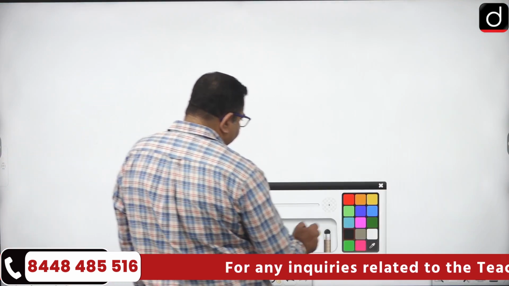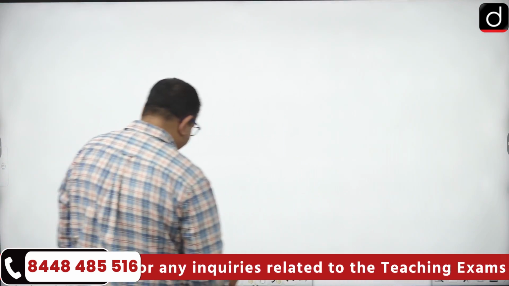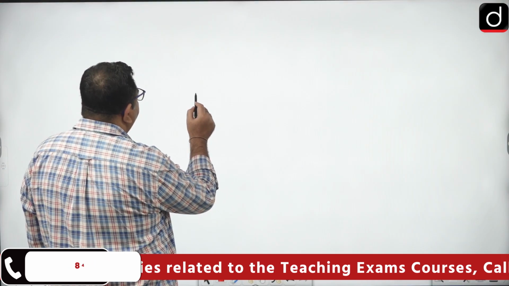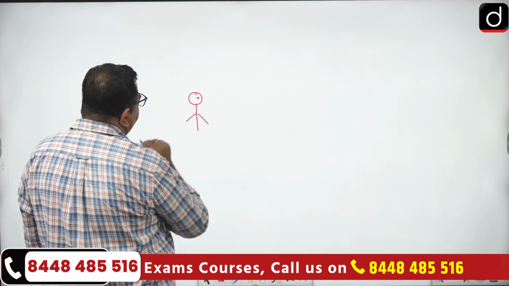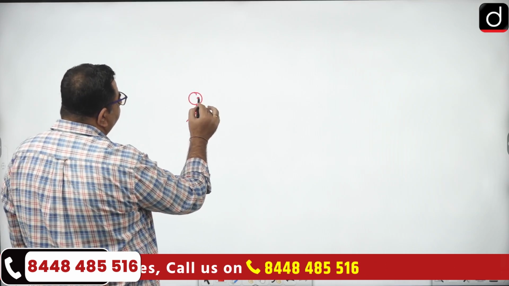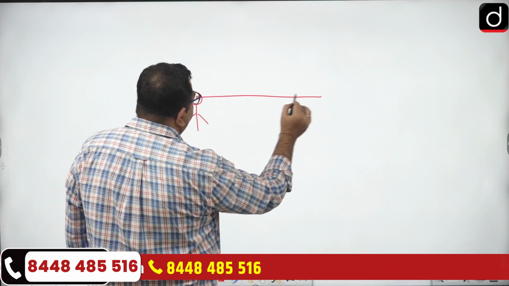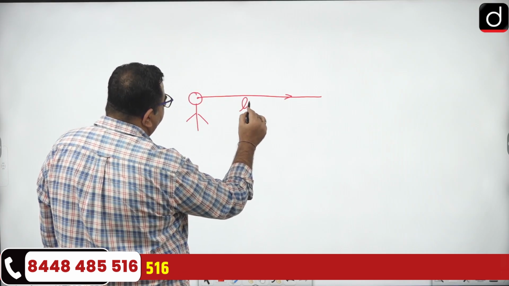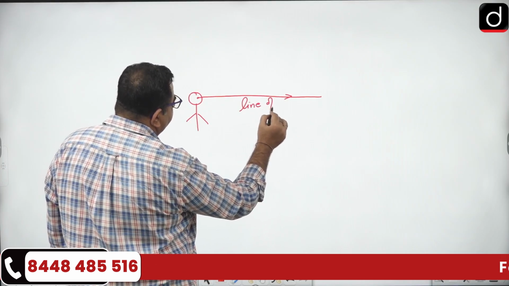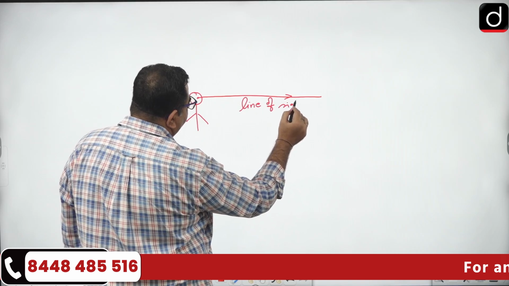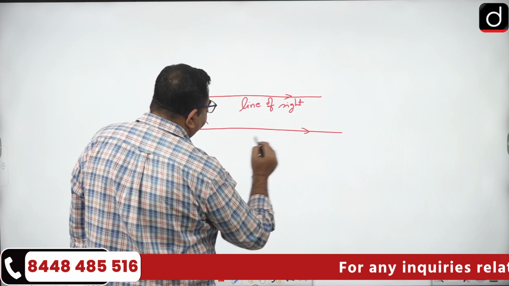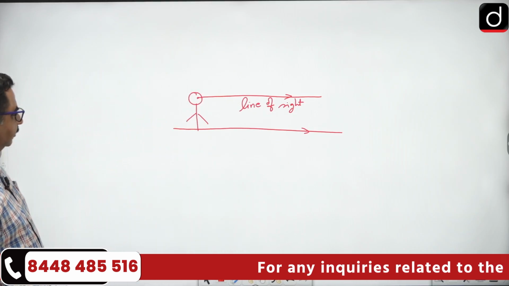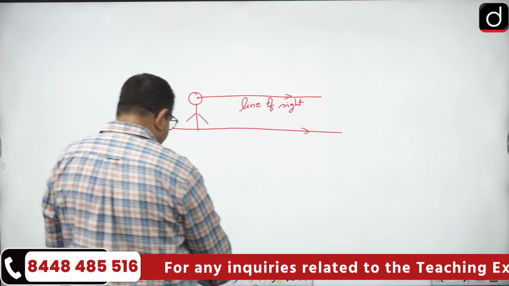If there is a person, suppose this is the person, and this is his eye. This line is called the line of sight, which is parallel to the horizontal.